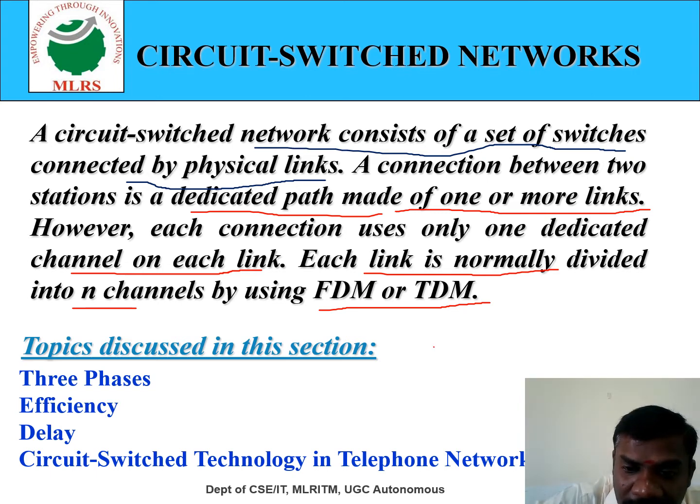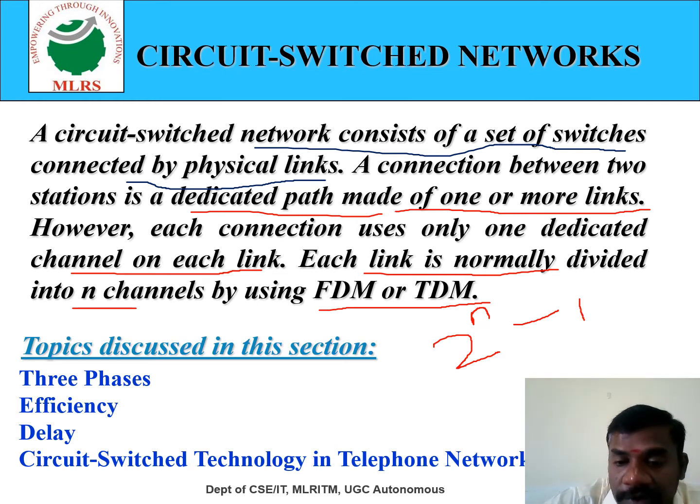Multiplexing means the input is always 2 power n, and the output is only one output. That means there are 2 power n inputs and only one output. While sending the signals, it must follow frequency and time.